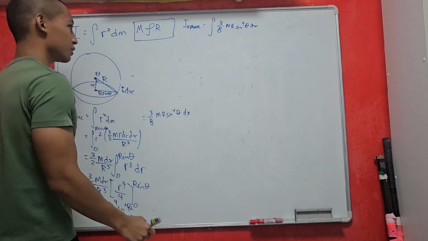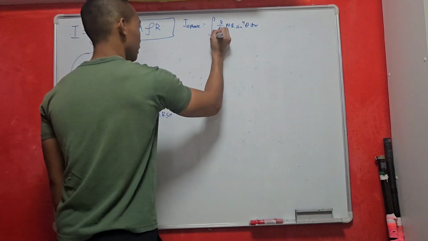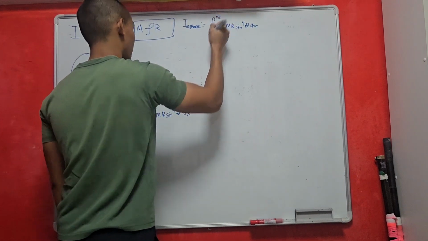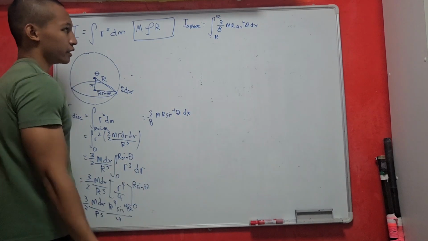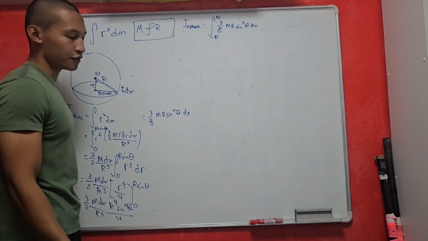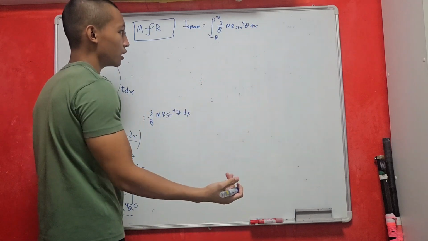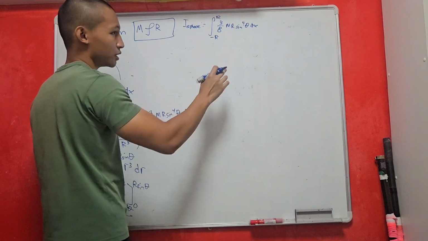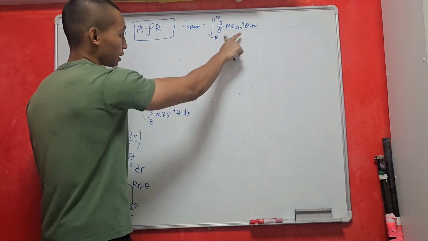But the thing is, if you were working with dx, it'll be from x equals negative r to x equals r. So from bottom to top. But it's a bit complicated and very messy because you have a theta and a dx. It doesn't match up. So what we can do now is convert this whole expression to be in terms of one variable. And we'll try to change it into theta.